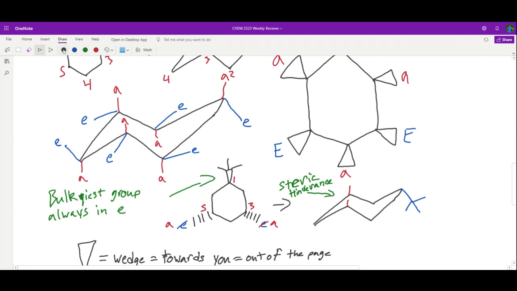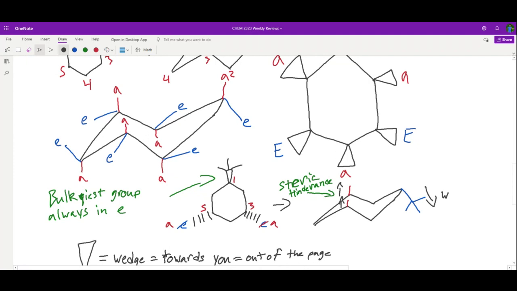So I wanted to bring attention to the direction these are pointing. Okay? So notice how, we'll ignore axial and equatorial for now, and look at the direction and the stereochemistry it was originally at.